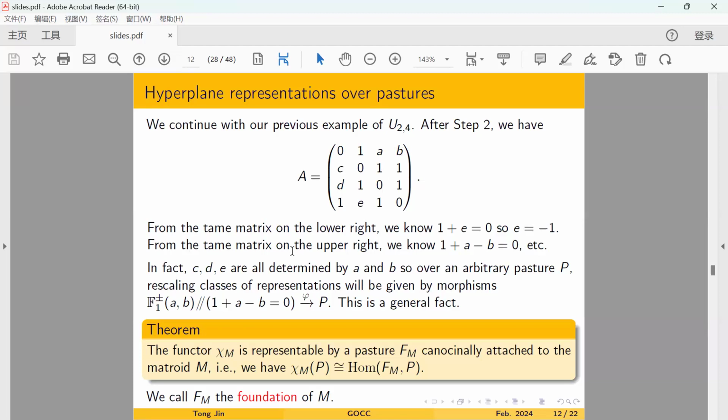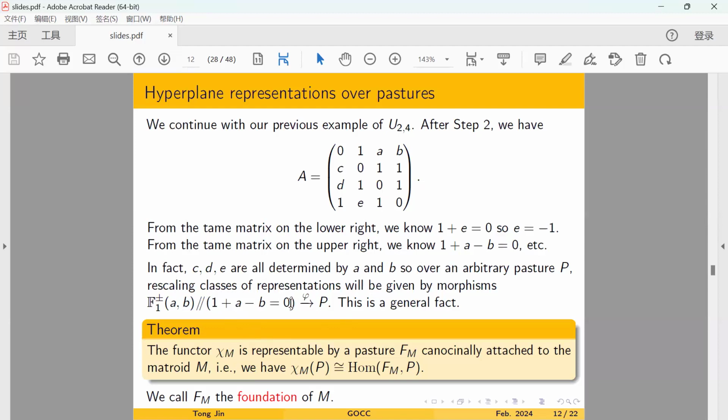And the example here says, once you know the values of A and B, and once those values satisfy the relation that 1 plus A minus B is equal to 0, then actually you can guarantee a representation of U24 over your choice of pasture P. So you can view it as the generators of the foundation, and that is the only relation inside the foundation.